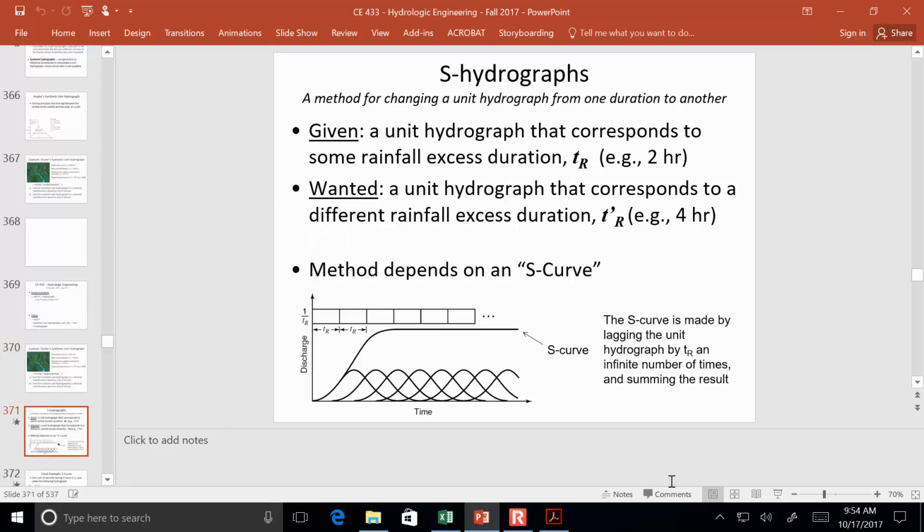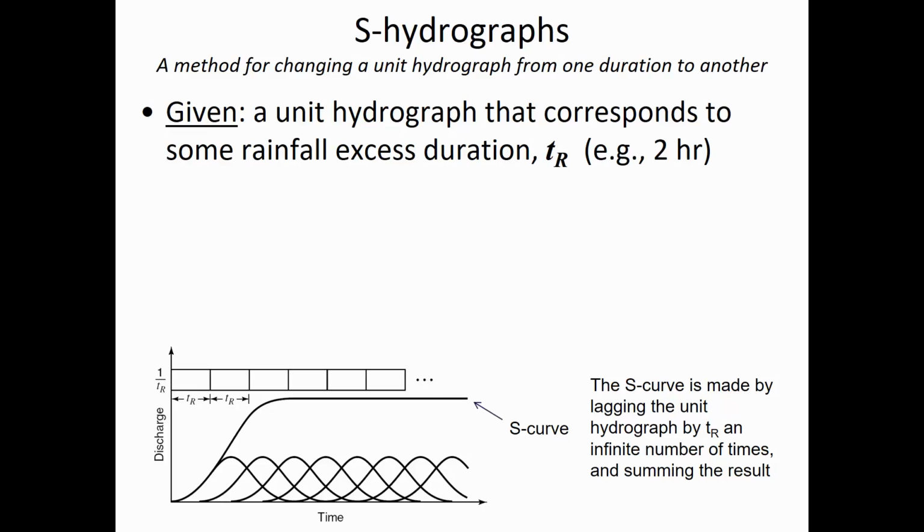So the middle ground is accomplished with a method called the S-hydrograph approach. It allows you to take a unit hydrograph that has a certain rainfall excess duration and convert it into a unit hydrograph of another duration.